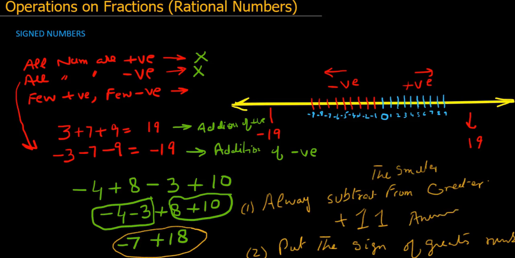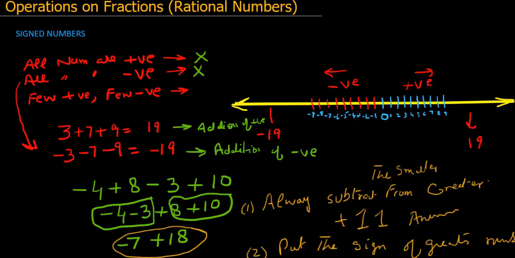Very simple. Addition and subtraction of signed numbers finishes at this point. This is the only thing you want to know. If all numbers are positive, add them together, put a positive sign. If all numbers are negative, add them together, put a negative sign.